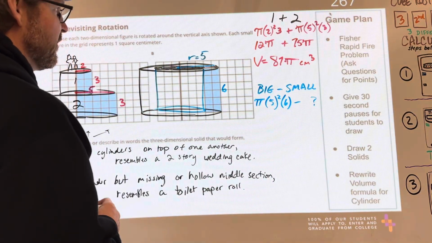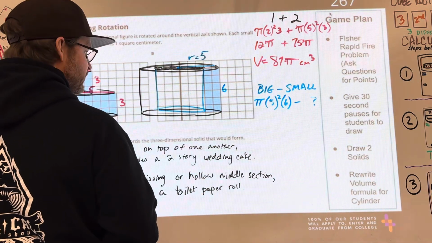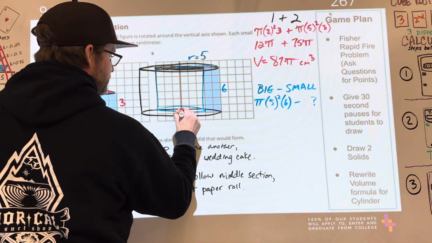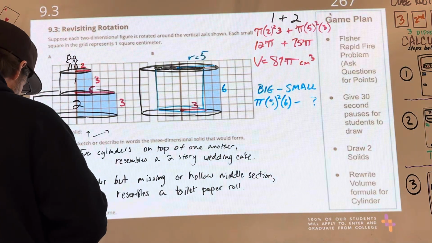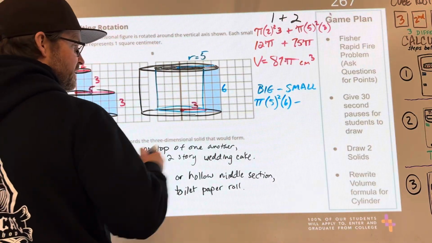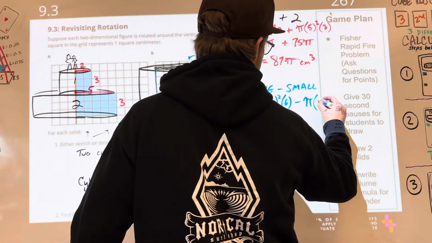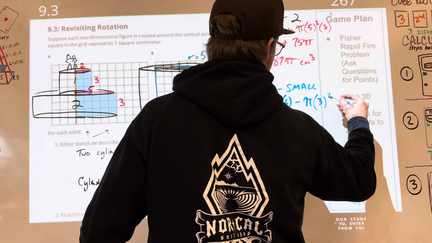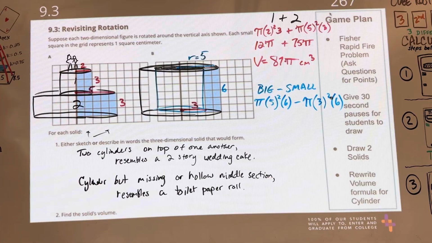Well, I'll just do it right now. The only difference is the radius of the missing portion will be 3. Height will still be 6. So minus pi, radius of 3, height of 6. So big minus the small, so we're almost there.